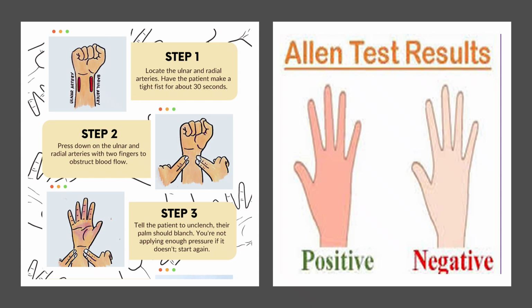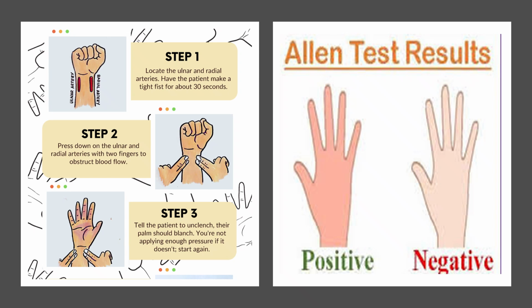So this is just a way to help us see, is the patient going to be able to perfuse their hand, the rest of that arm, if we place this catheter.